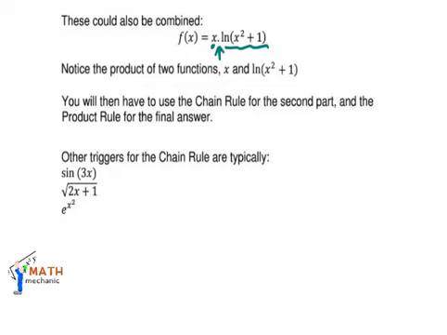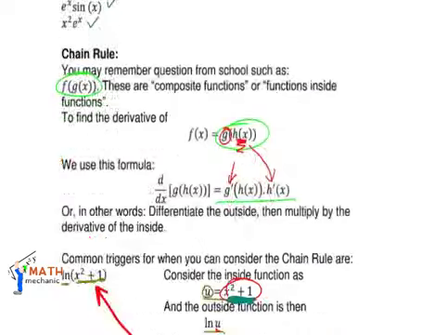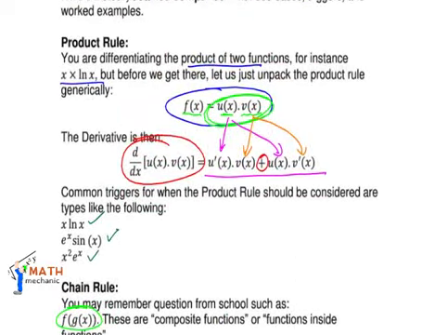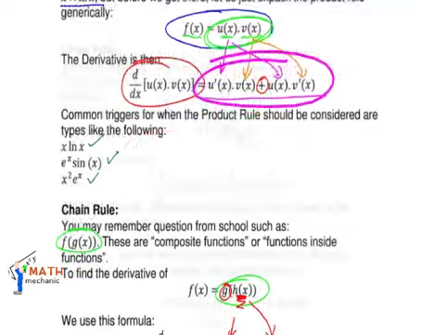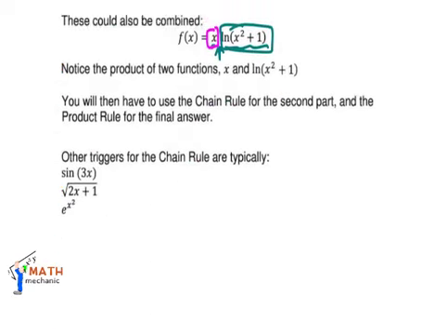So you will then have to use the chain rule for the second part and the product rule for the final answer. So you'll take that part, just basically what we've just done in the previous example, and then use that plus that with the product rule, which we've done before. Remember the product rule, there it is, and then find the derivative of that combined function.